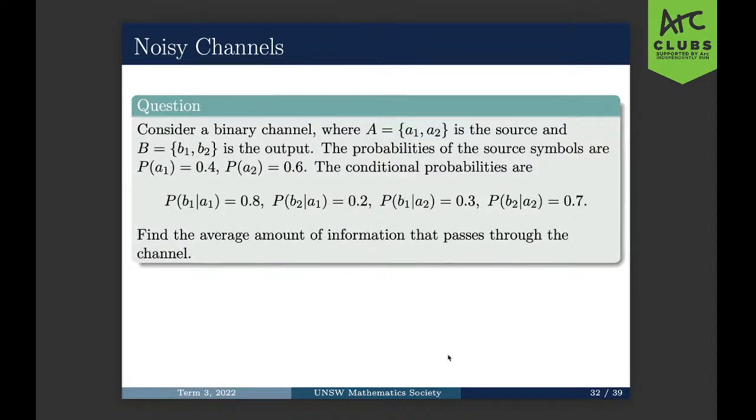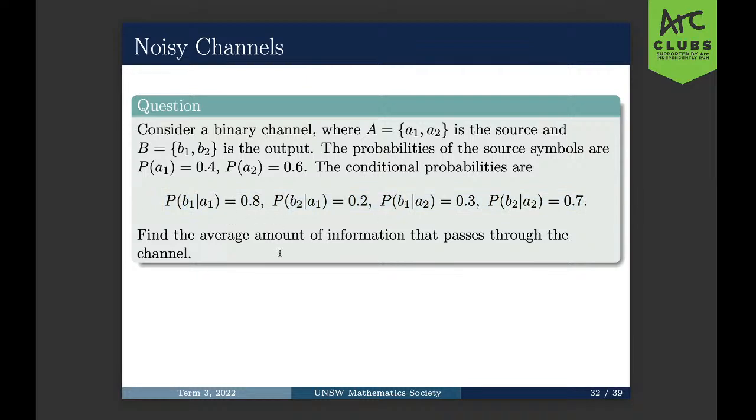Okay, here's a question. We have a binary channel. There's two symbols, A1 and A2 in the source, and two sink symbols in the output. The probabilities are 0.4 and 0.6 for the source symbols. We don't know the actual probabilities of the sink symbols yet, and we see that the conditional probabilities are these. So receiving a B1 given we sent an A1 is 0.8, and so on for those.